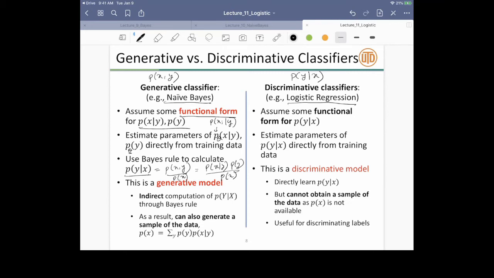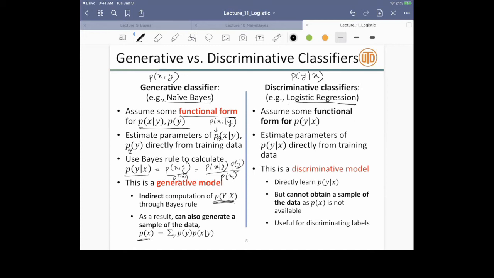So finally, since we care about P of y given x for inference, it's a little bit of an indirect computation using the generative model, and the reason is that we are also trying to model P of x.